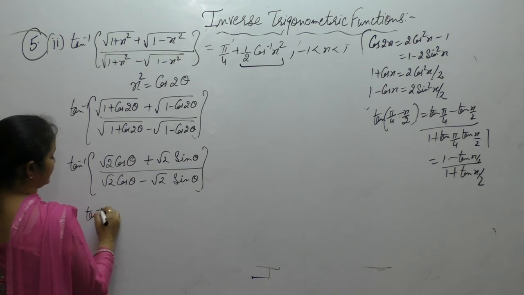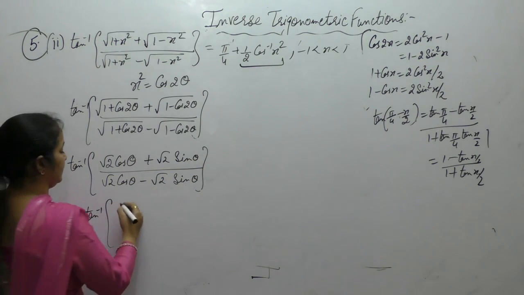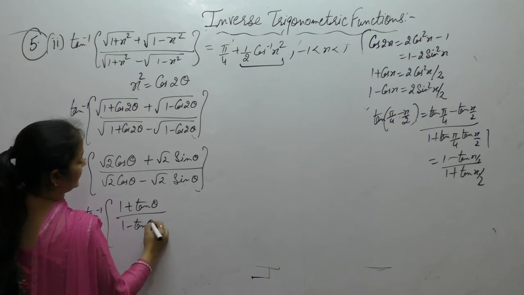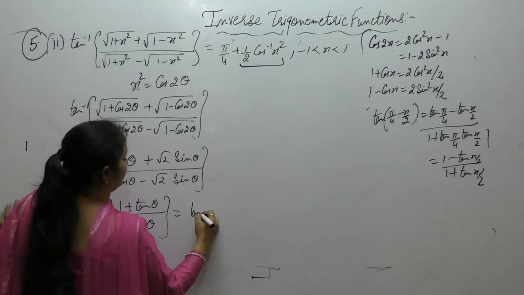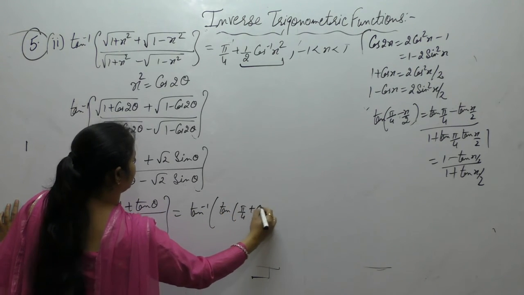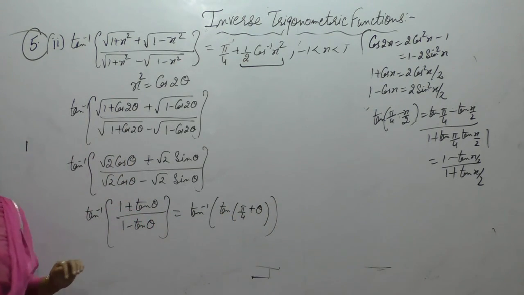Root 2 will get cancelled, cos theta take common. So 1 plus tan, 1 minus tan. So the formula will be tan of pi by 4 plus theta.